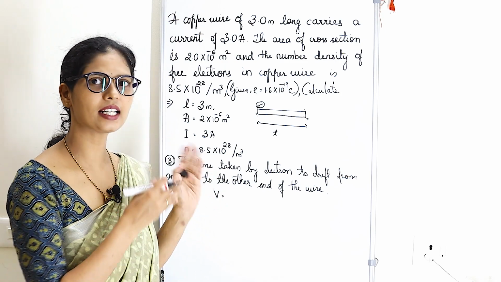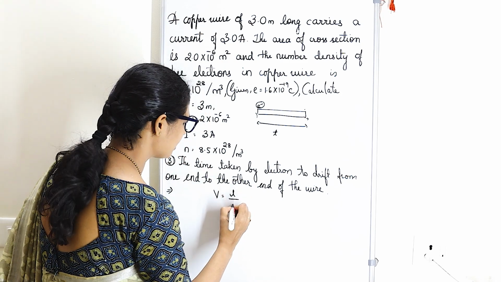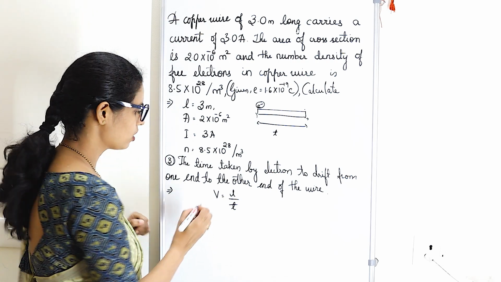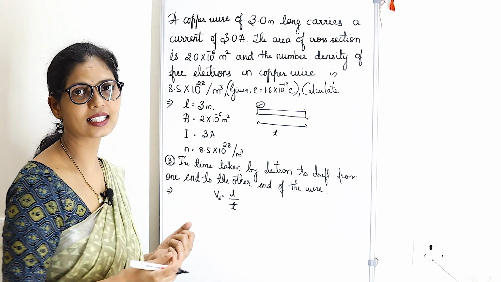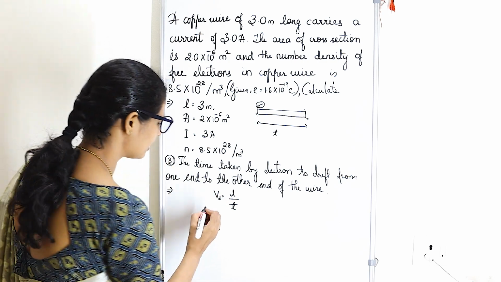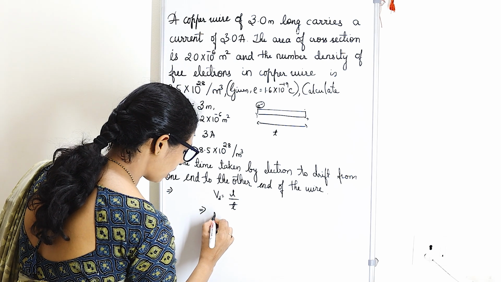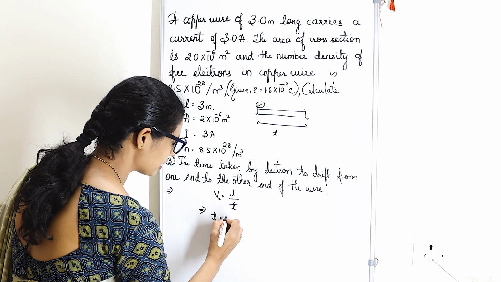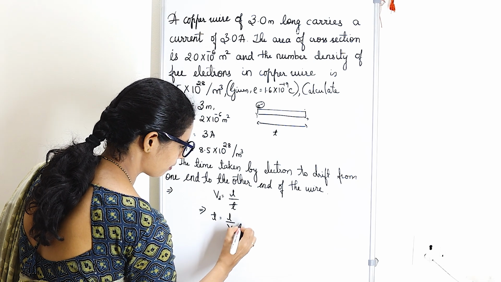Displacement here can be written as length, and time taken is time taken. Since we know the velocity value here, velocity is considered as drift velocity, so we know the value for drift velocity. Now we'll again rearrange the equation, so the formula becomes t equals to L divided by drift velocity.